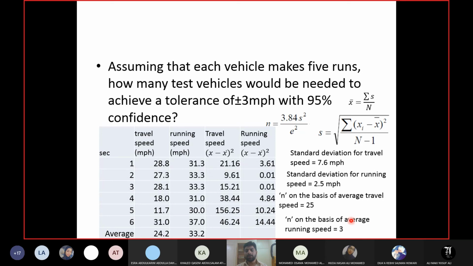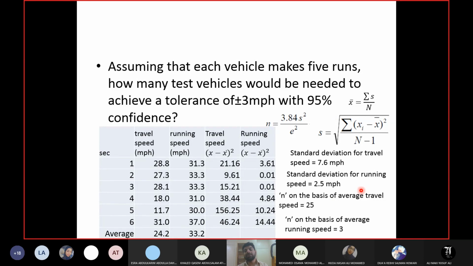One thing you can see here in the case of standard deviation: the standard deviation for travel time is very high. Standard deviation for running time is comparatively low. So the standard deviation for running speed or running time is lower than for travel speed and travel time. Why? Because the main cause of variation in your trip is the delay.